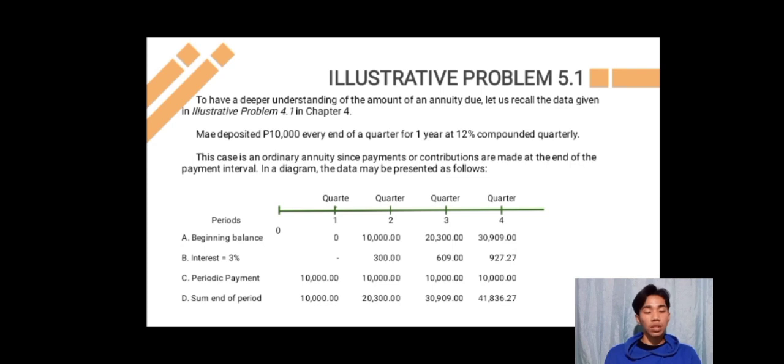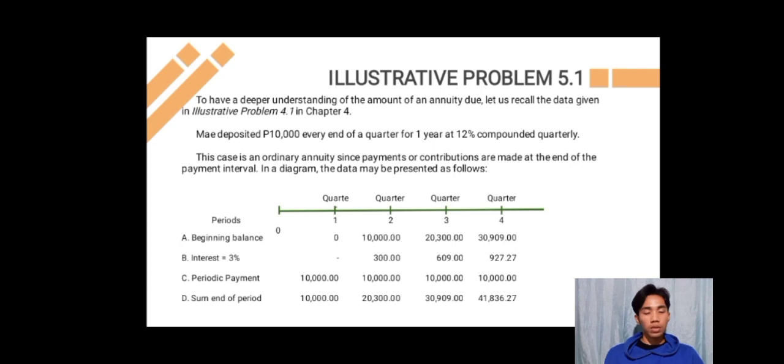So, nag-earn siya ng 300. Then, nagbayad siya ulit ng 10,000 dahil sa periodic payment kasi nag-end na yung quarter. So, sa sum of end of period niya, meron siyang 20,300.